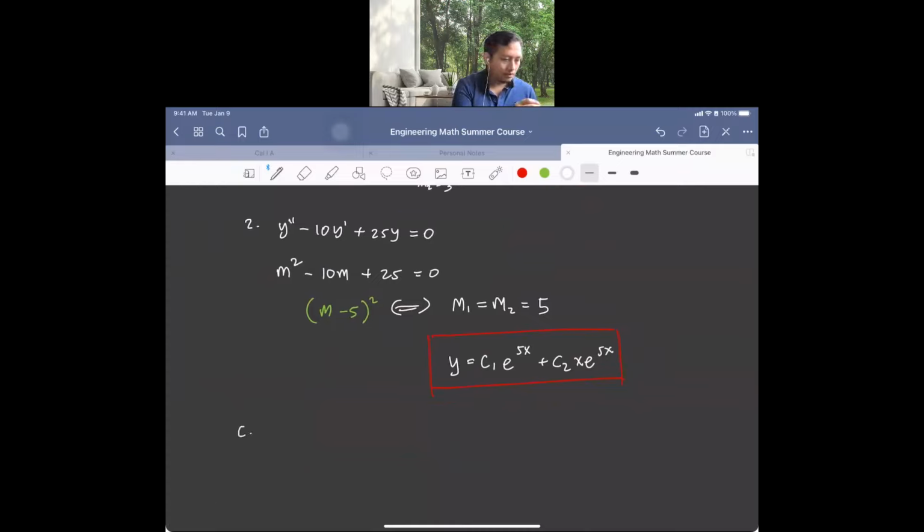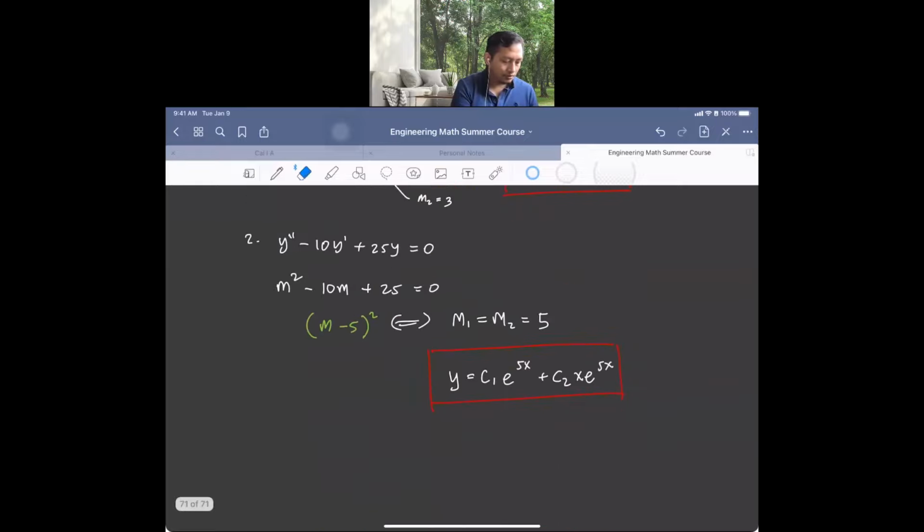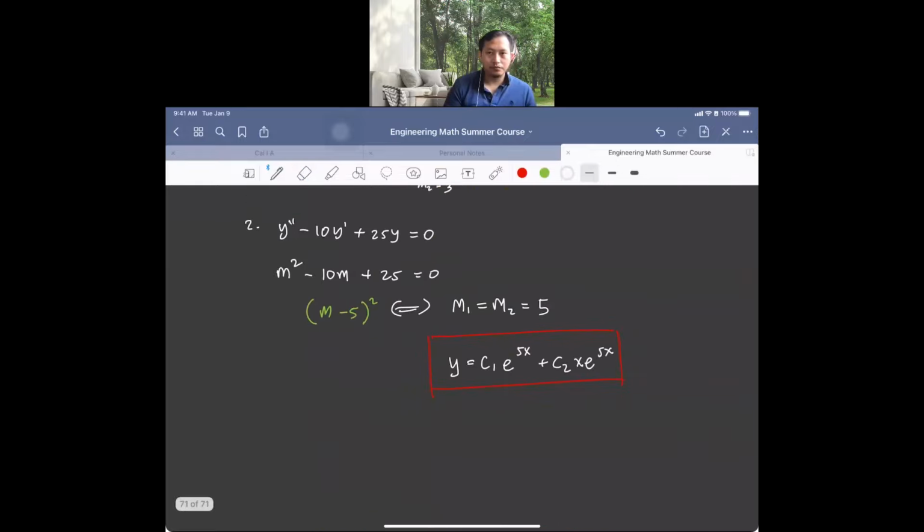Okay, next, number 3. We have y double prime plus 4y prime plus 7y equals 0.